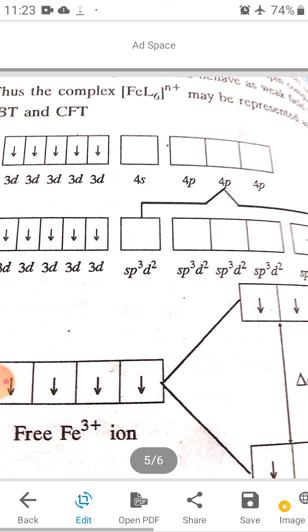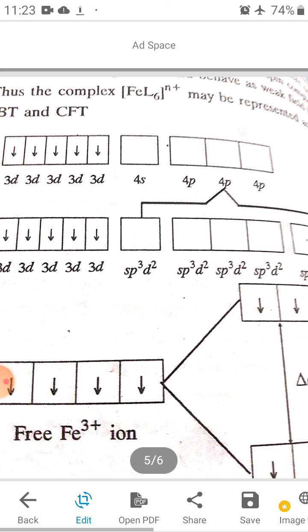Second example is chromium. The geometry of chromium and the following magnetic moment. According to this, we have the oxidation state of chromium +6, in which all the electrons are unpaired.